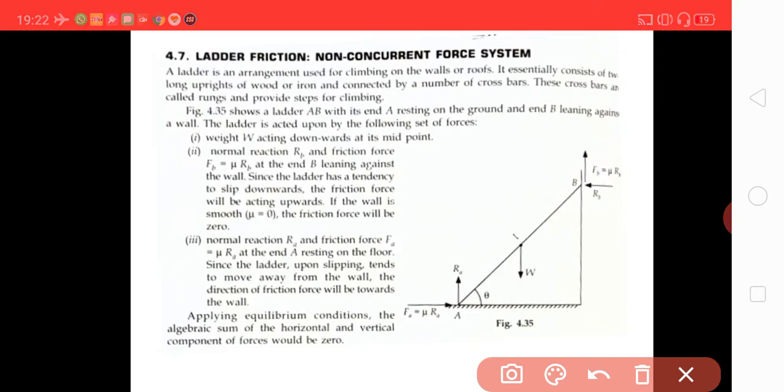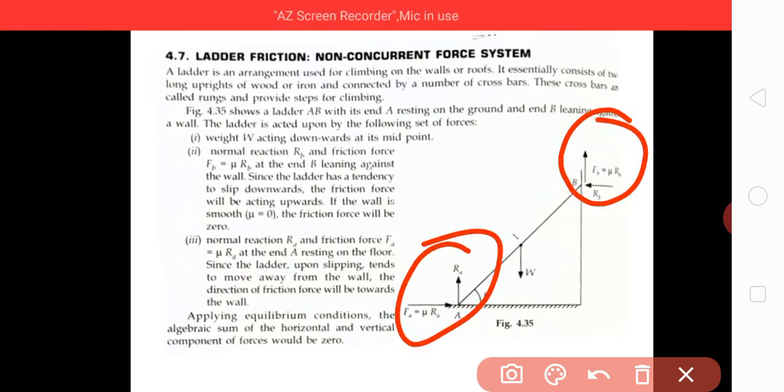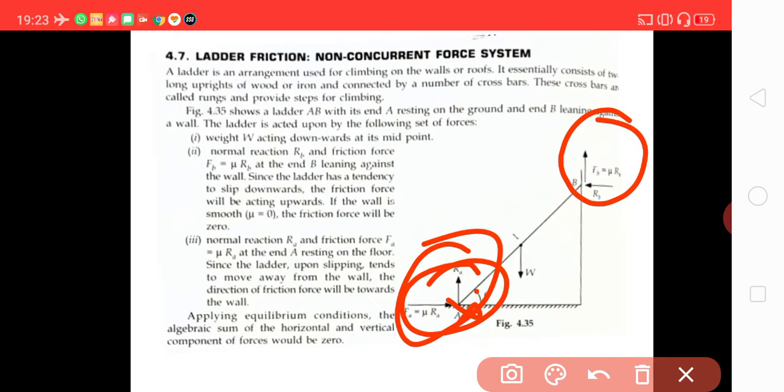Next, we have to take the moment about either A or B. Usually we take the moment about A. The intention of taking the moment about A is that RA and mu A RA are two forces going across this point, so their moment about this point will be 0.